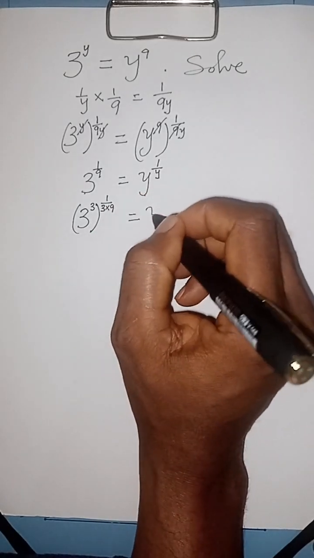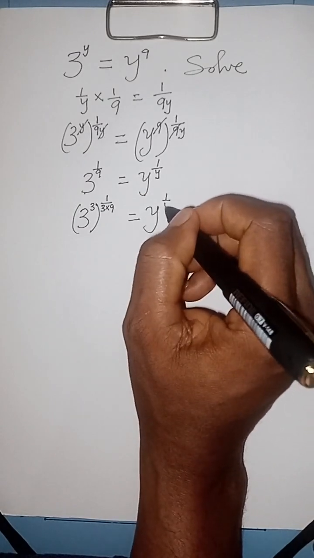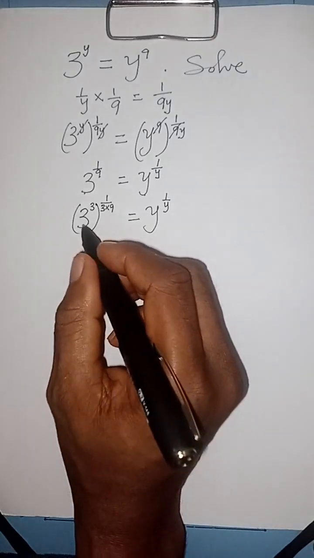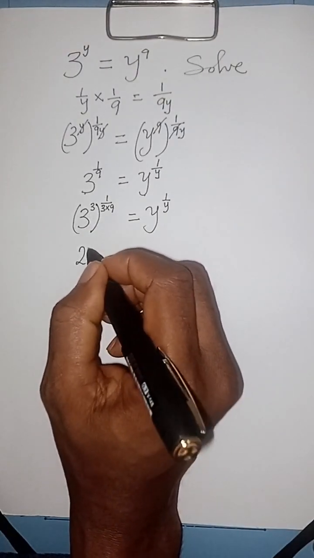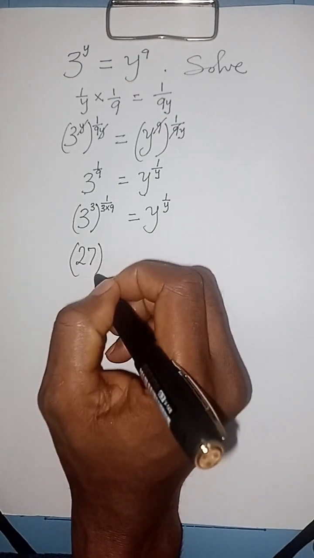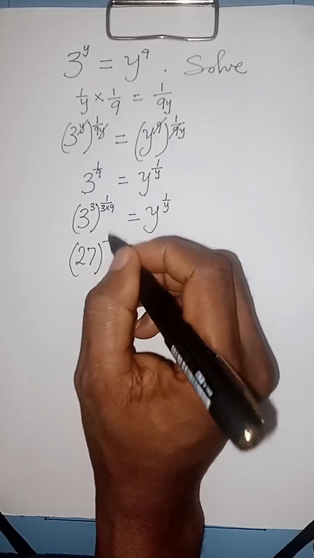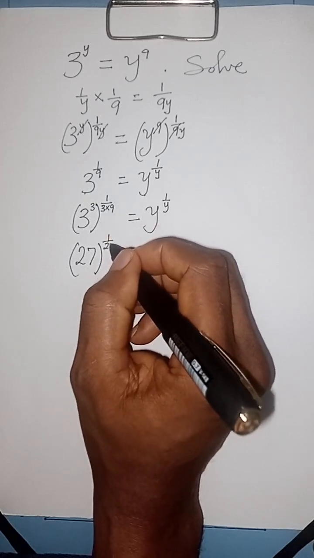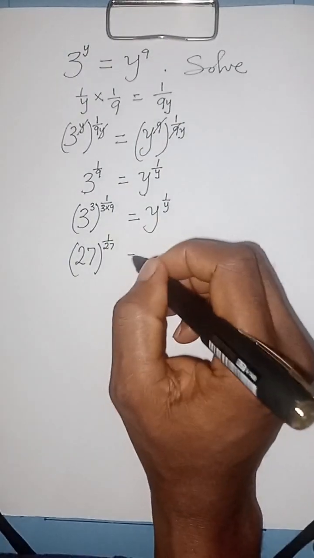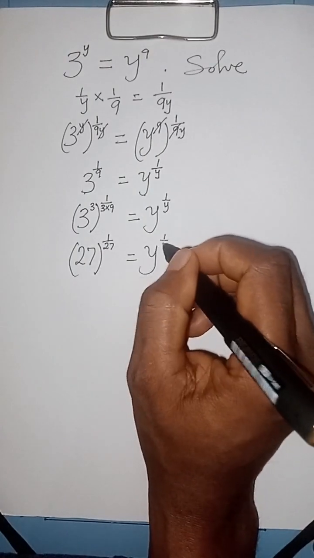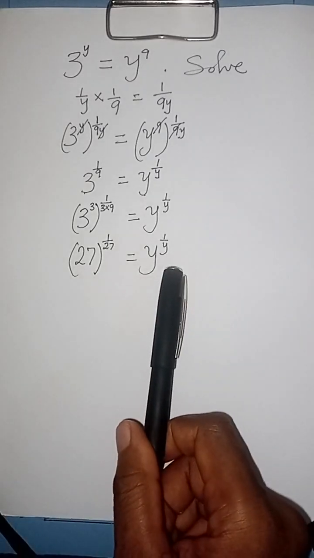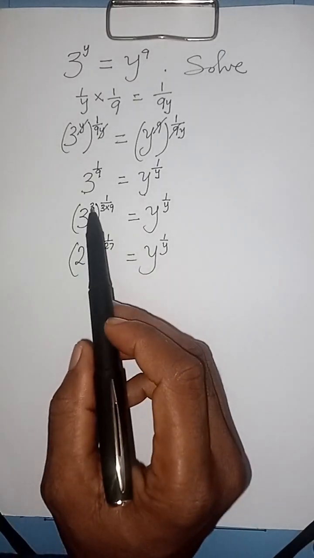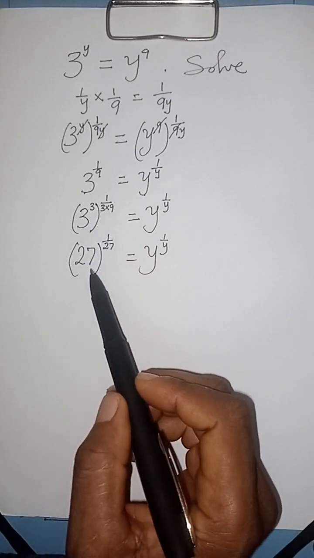This way, it will give me what I'm looking for. 3 raised to power 3 is 27, raised to power 1 divided by 3 times 9, which is 27. And this is equal to y raised to power 1 over y. So we could see that the left-hand side of the equation now looks like the right-hand side of the equation. I chose to use 3 because that's what will give me what I'm looking for.